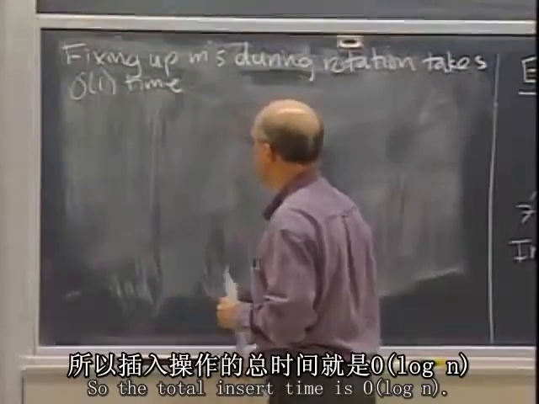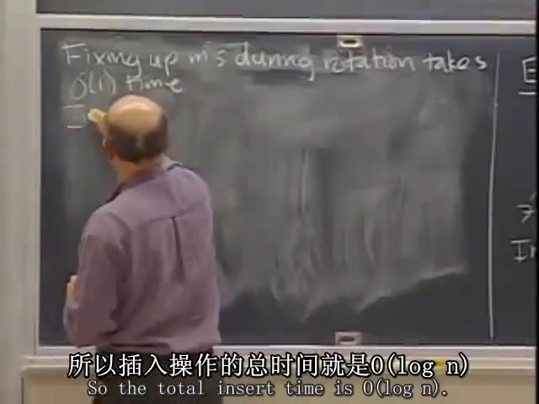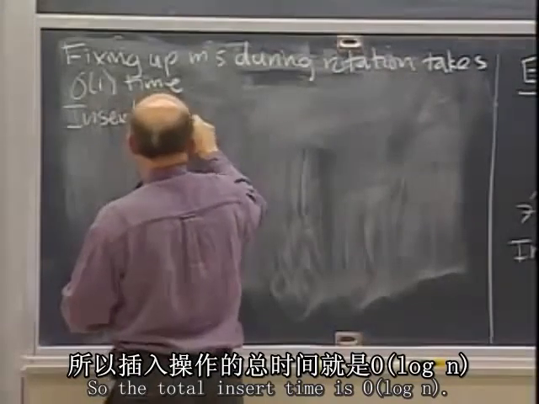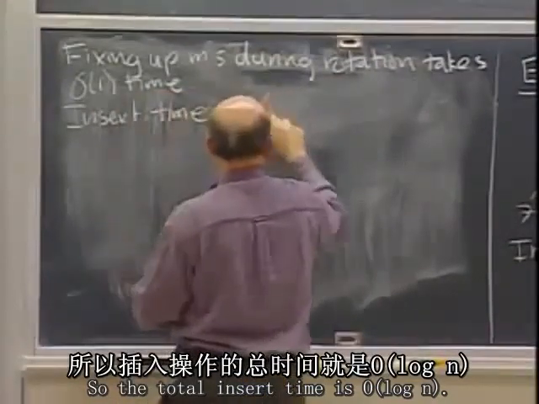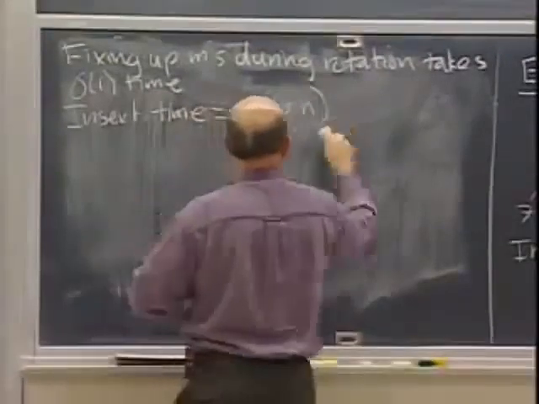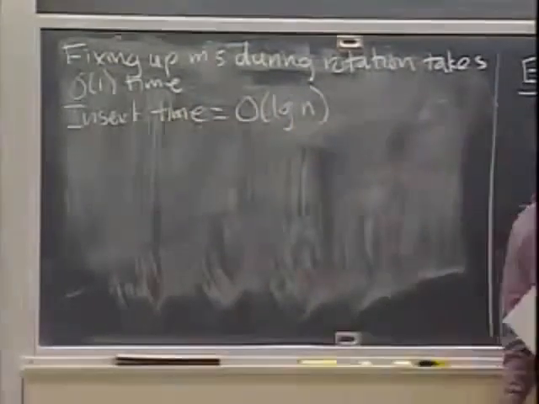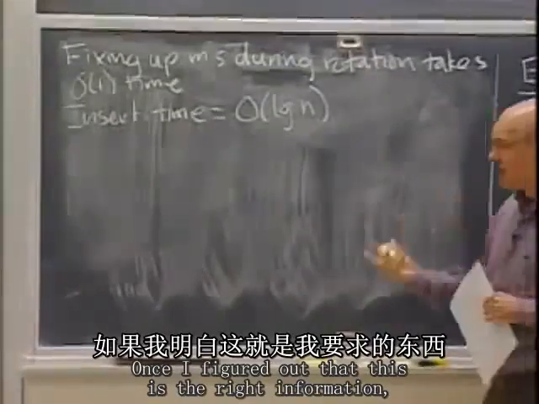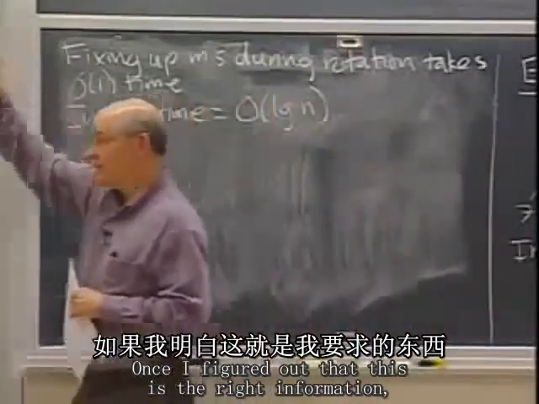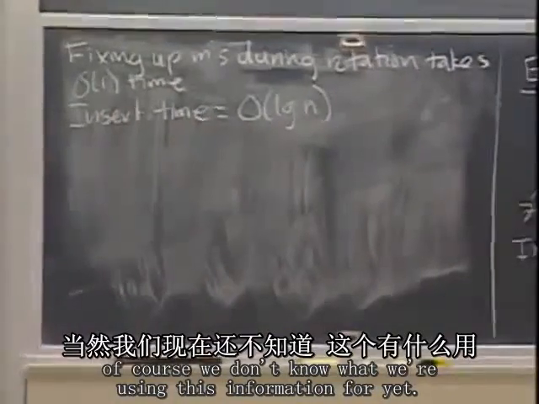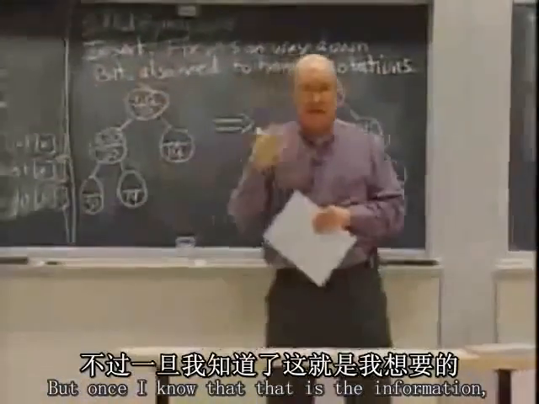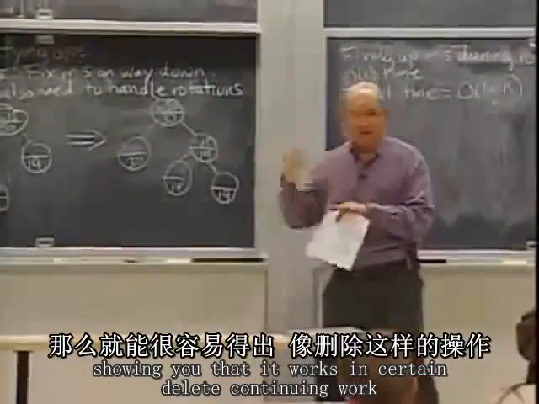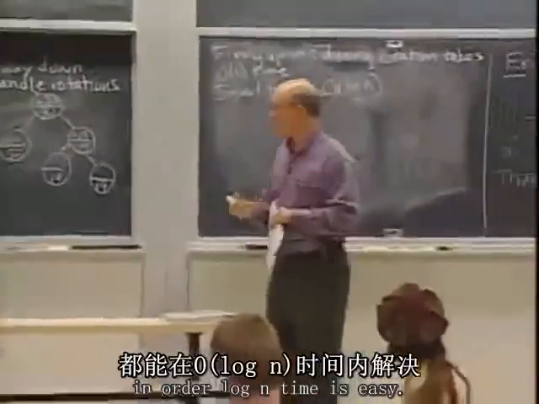So the total insert time is order log n. Once I figured out that this is the right information, of course we don't know what we're using this information for yet, but once I know that that's the information, showing you that insert and delete continue to work in order log n time is easy.